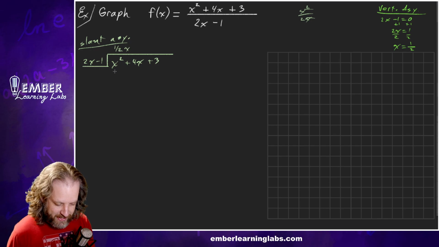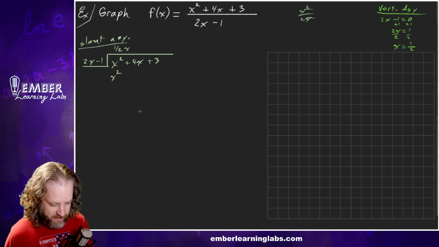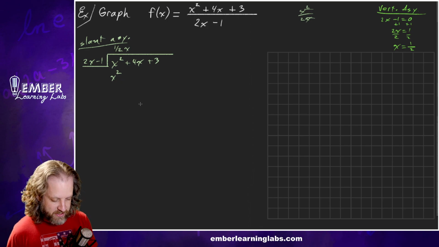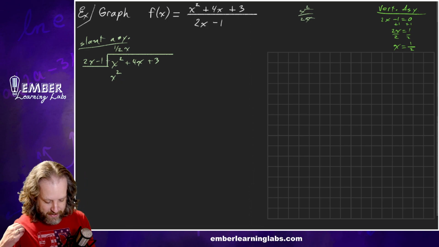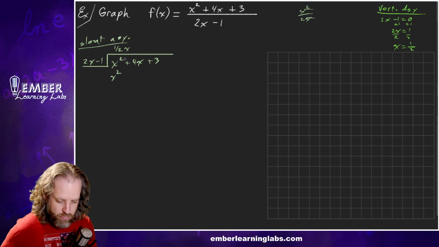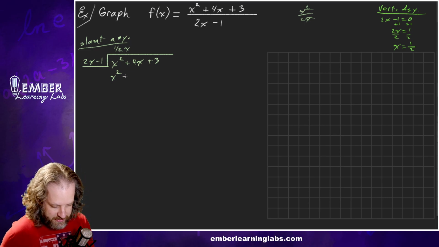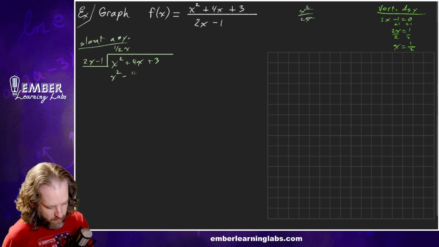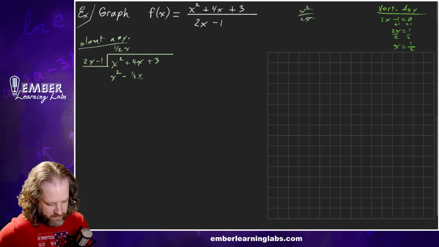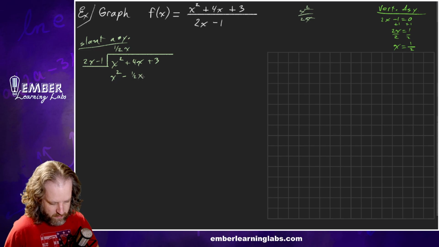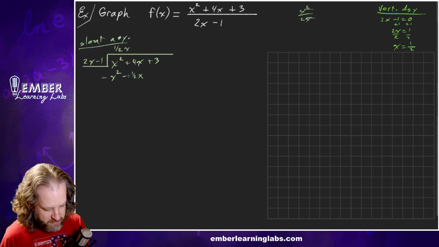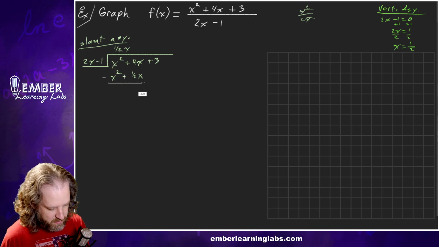And half times 2x is x squared, because the half and 2 cancel, turn into 1, x times x is x squared, right? Half x times -1 is minus a half x. And then we're going to subtract that, so change both the signs.